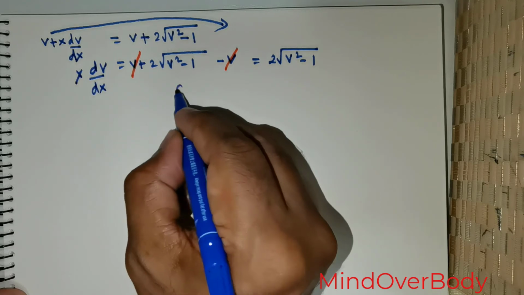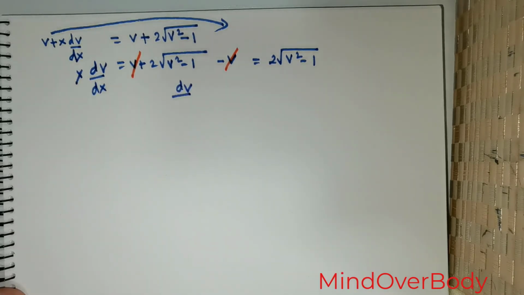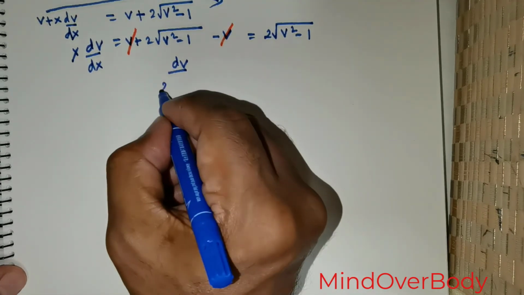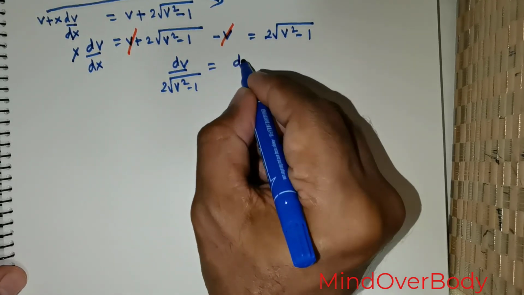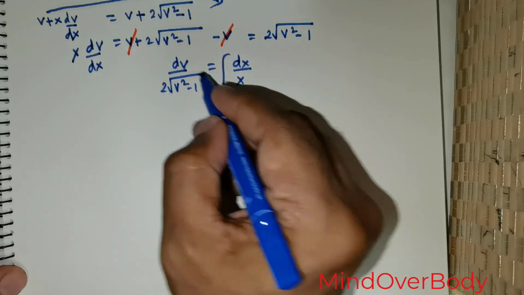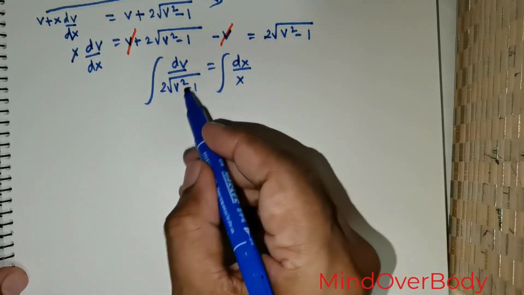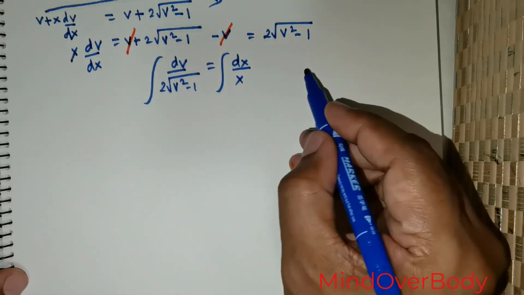Now rearranging, this is going to be dv over 2 times the root of v² − 1 is equal to dx over x. Integrating both sides, I would have something like this. Now for this I would like to use the formula.